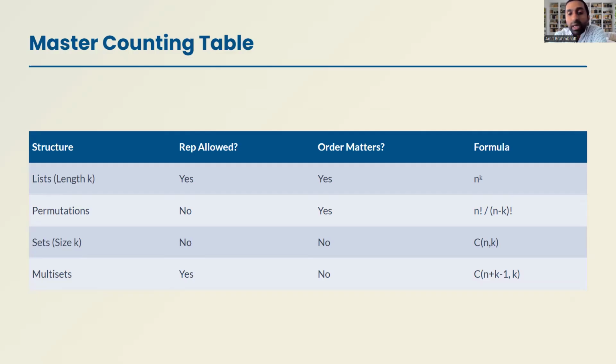If order doesn't matter and repetition is forbidden, we have standard sets, n choose k. And finally, if order doesn't matter but repetition is allowed, then we have multisets, counted by the newly learned multichoose formula. Master this and you can categorize any counting problem instantly.